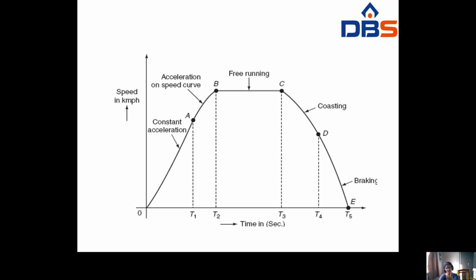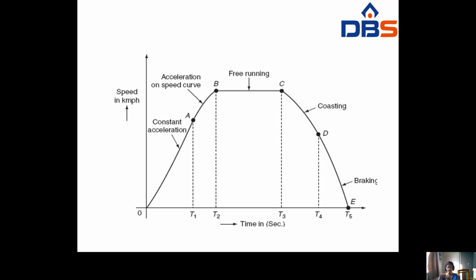Then the speed of the train increases along the curve. After that, for some time period, the train moves at that same high speed, which is the free running period. After that, when it reaches the station, what happens?